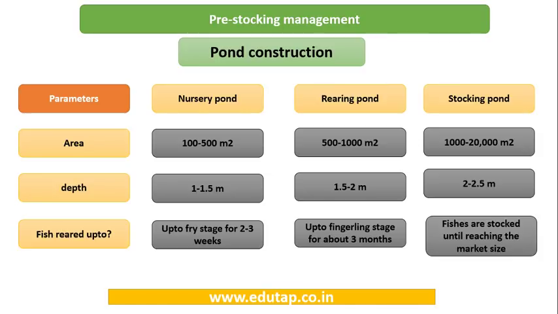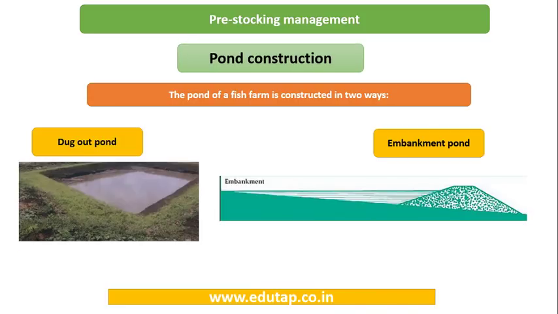Now we had seen the important parameters of pond construction. Kindly take a few seconds or minutes and try to memorize these particular parameters. These are very important. You need to know the area, depth and the stage up to which the fish is reared in this particular pond. Then we had seen that there are two methods of pond construction: the dugout pond and the embankment pond.